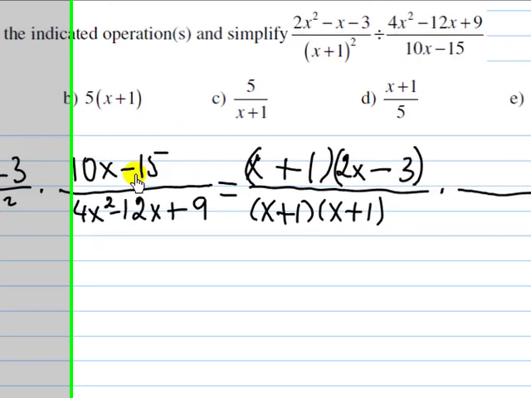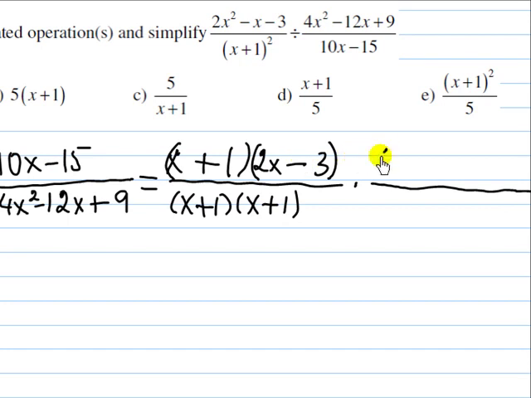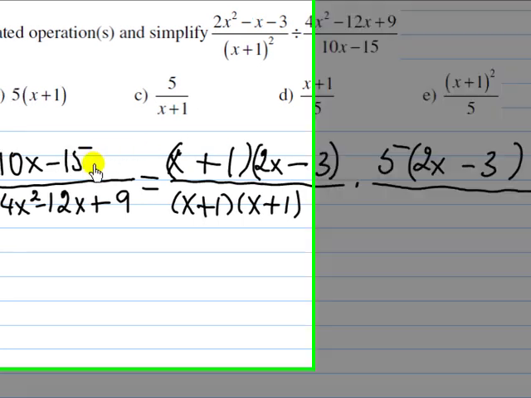For 10 and 15 it's 5, so we're going to factor out 5, and inside the parentheses we're going to get 2x, because 10x divided by 5 is 2x, or 5 times 2x is 10x. Minus 3, because negative 15 divided by 5 is minus 3, or 5 times negative 3 is negative 15.